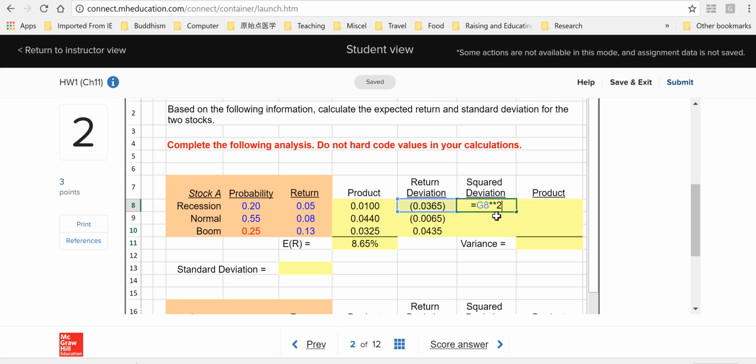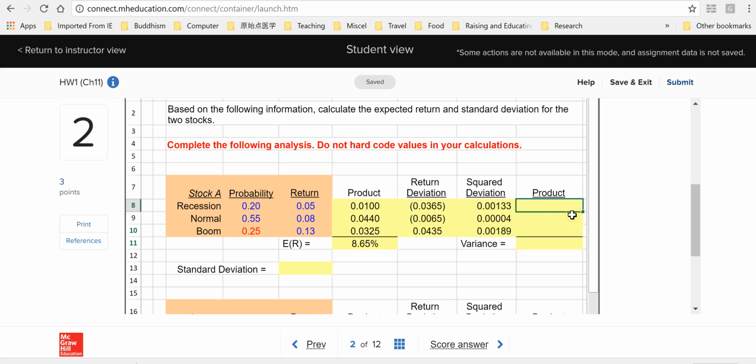That stands for the, oh sorry, it should be this sign here. That gives me the squared, and similarly equals G9 squared, and then this equals G10 squared.